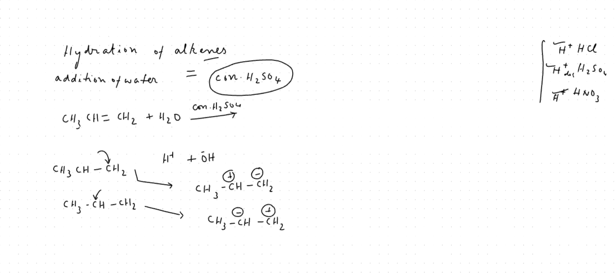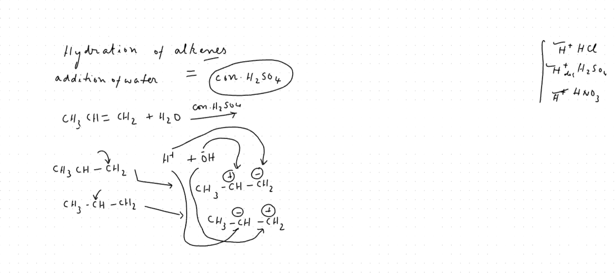So now this OH minus can go over here because of the Coulombic force, and this H plus can come over here. Or this OH can come over here and this H plus can come over here.